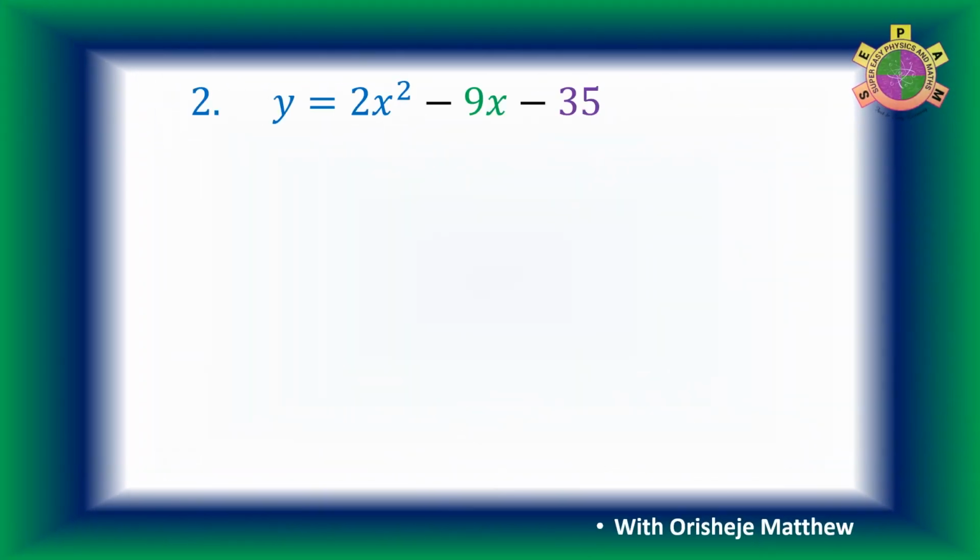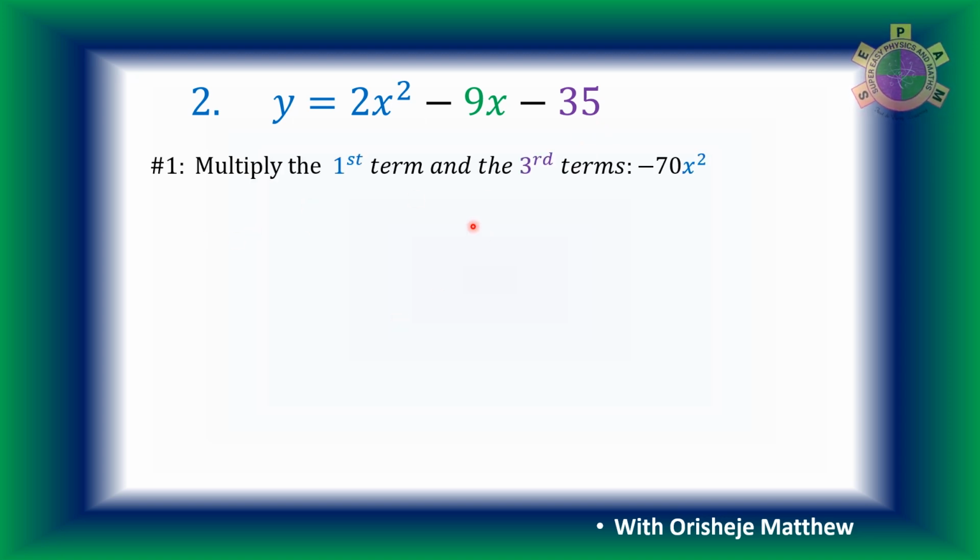The second question is factorize y equals 2x squared, take away 9x, take away 35. In order to do that, the first thing to do, multiply the first term and the third term. That will give negative 70x squared.